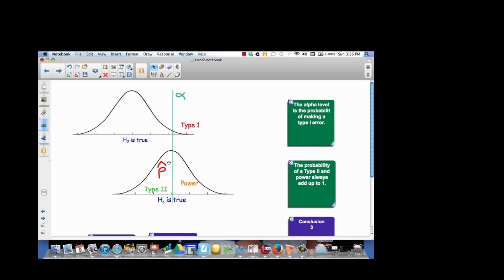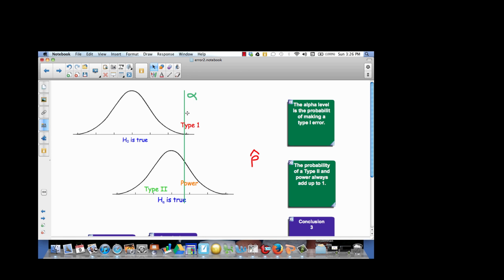Now, it's interesting to watch here, but I want you to focus on the relationship between type 1 and type 2 errors. If I make alpha smaller by moving the green line, my alpha level, to the right in the top picture, what's happening to type 2 on the bottom?